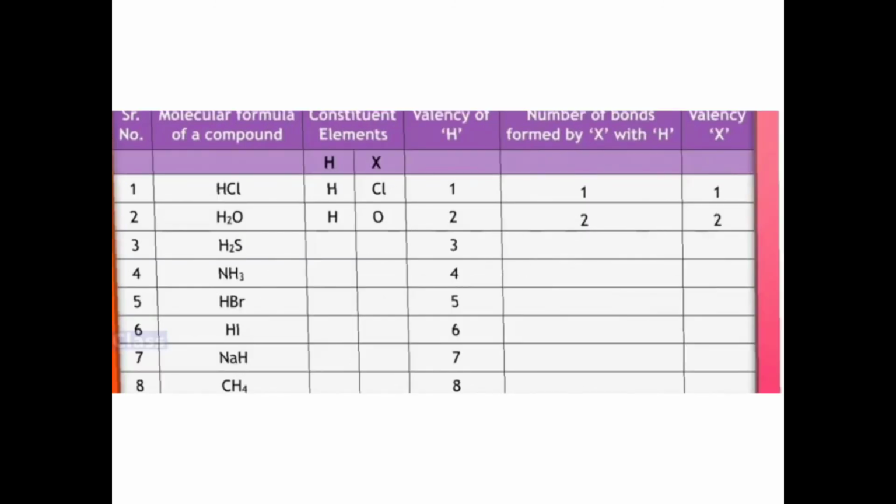You have the various compounds of hydrogen here. So we have hydrogen chloride, H2O. So observe here H और दूसरा उसके साथ में कौन है, वो कितने हैं. Okay. So you can just write down the valency of hydrogen here.